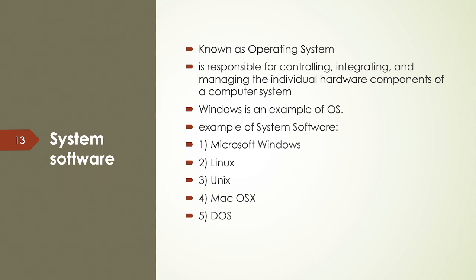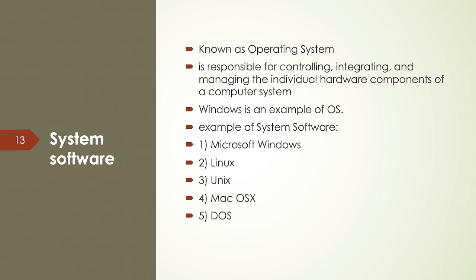So for example, Windows XP, Windows 7, Windows 8, Windows 10, Windows 11, those are variants of the Windows operating system. They are not types of operating system on their own.